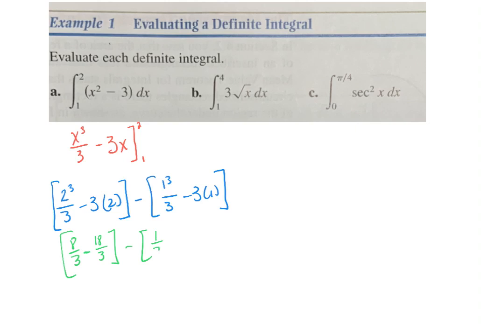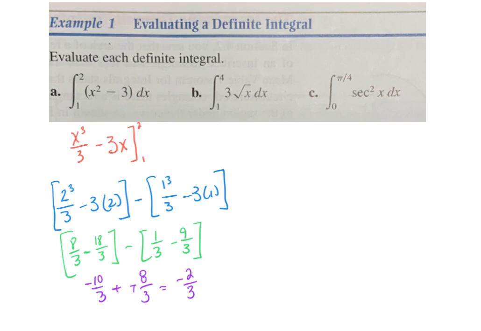Minus 1 third minus 9 thirds, yes. All right, so we have 8 minus 18. What does that give us? Negative 10. Minus 1 minus 9 gives us what? Negative 8. Plus, negative 10 plus 8 is negative 2 thirds. All right.